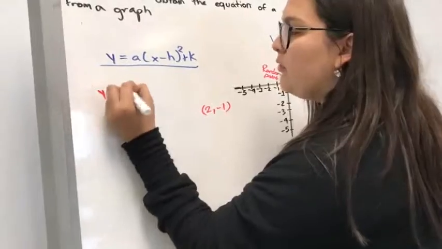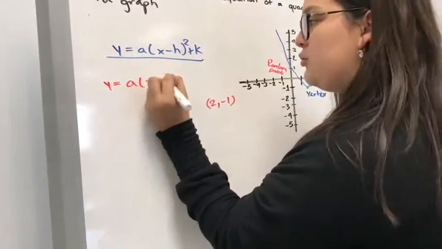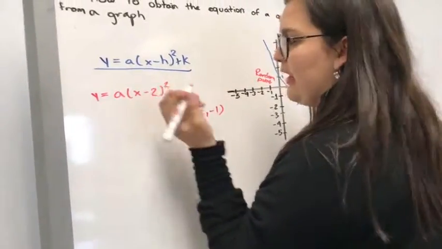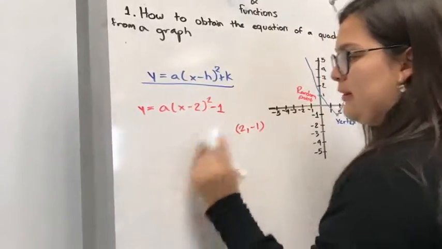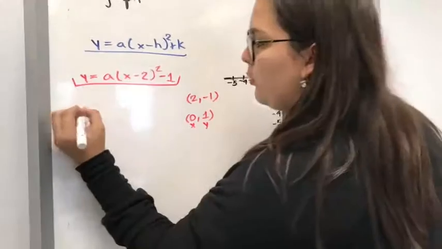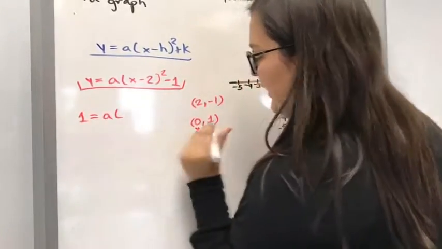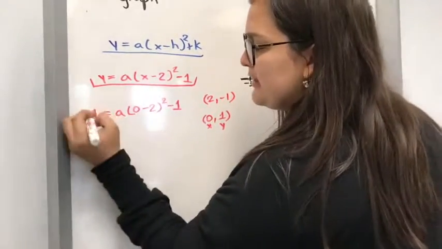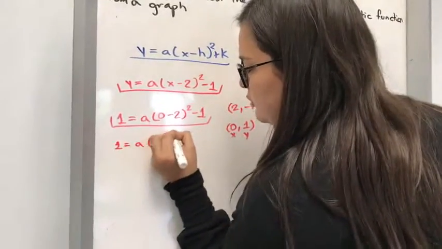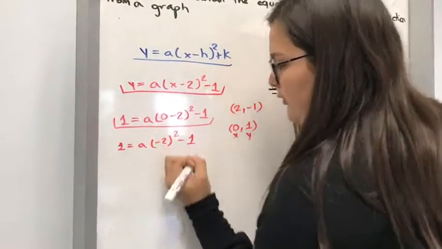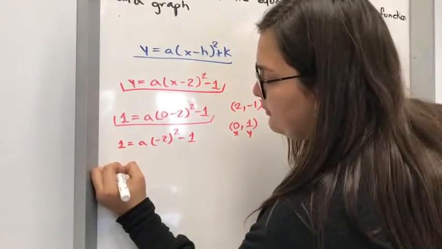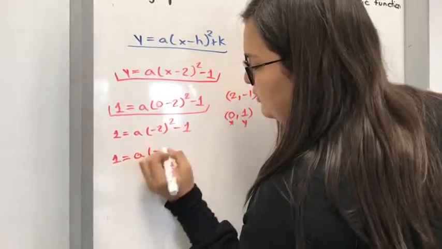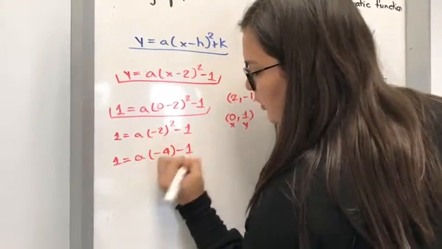So y is equal to a(x minus 2) to the second plus minus 1. That eventually is minus 1. My x is 0. And this is what we get, (minus 2) to the second minus 1. And then we put 1 equals a times minus 4 minus 1.